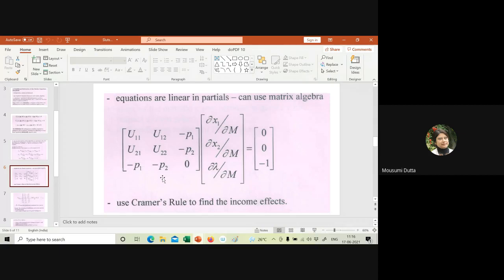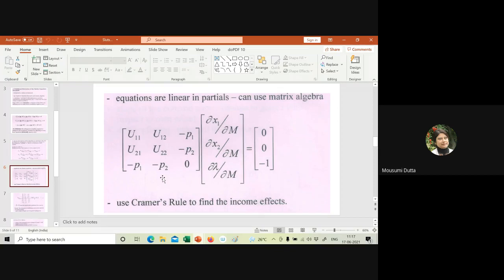The bordered Hessian matrix, and for that we check the determinant. Here we can use the condition we know, by the quasi-concavity of the utility function, to ensure the sign of the determinant.